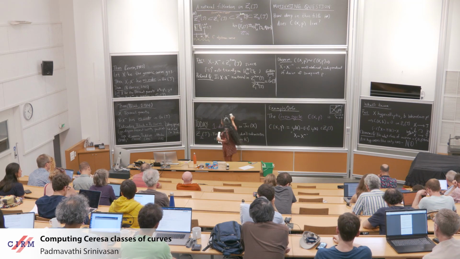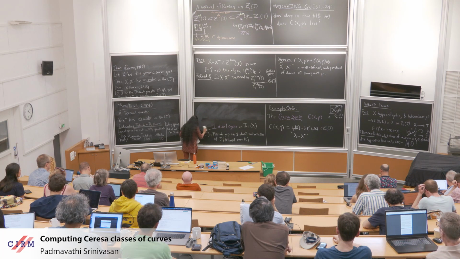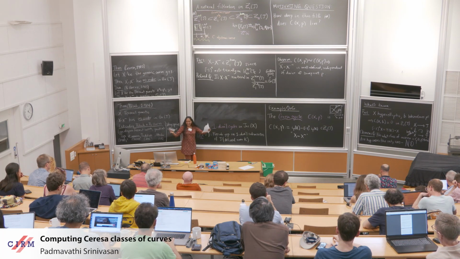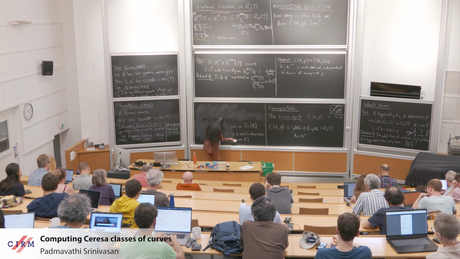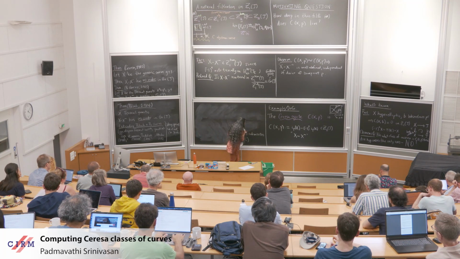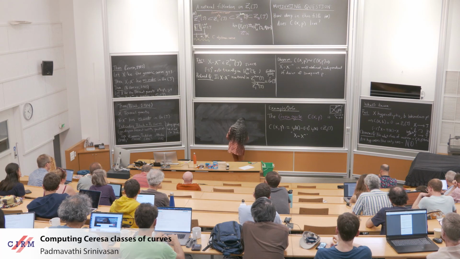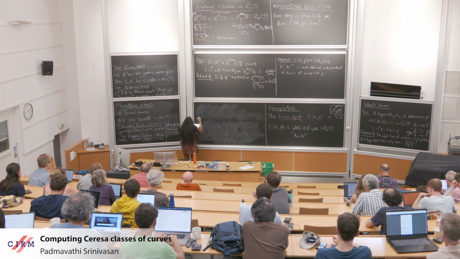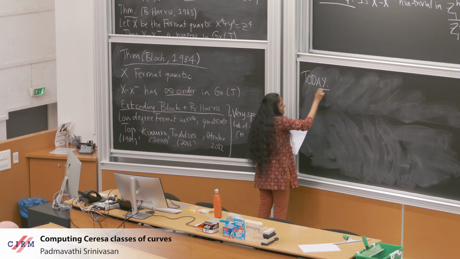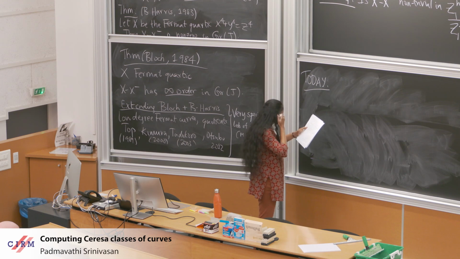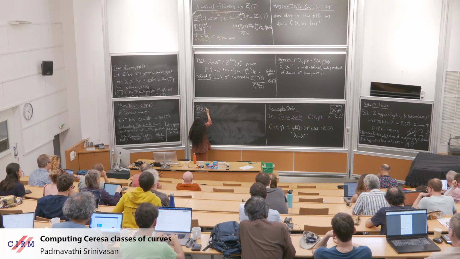But if, like in Tony's talk, you just generated a random equation, what can you say about the Ceresa cycle of a random curve? Up to now, there wasn't a technique to understand this. But the result I'm going to present today is to show you that there are lots of examples out there.